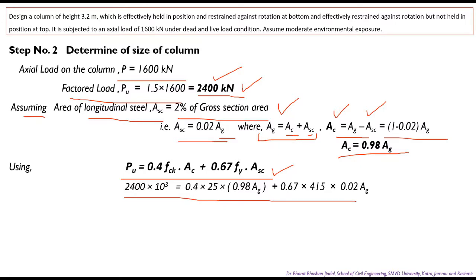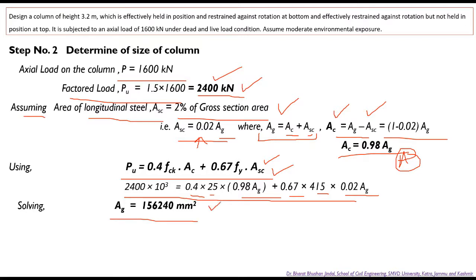That is 2400 into 10 raised to power 3, which becomes Newton, equals 0.4 into fck, and since we have taken grade of concrete M25, we take 25, times the area of concrete, 0.98 Ag, plus 0.67, and fy is 415, and Asc is 0.02 Ag. After solving this equation, we get the required gross area, which comes out to be 156240 millimeter square.